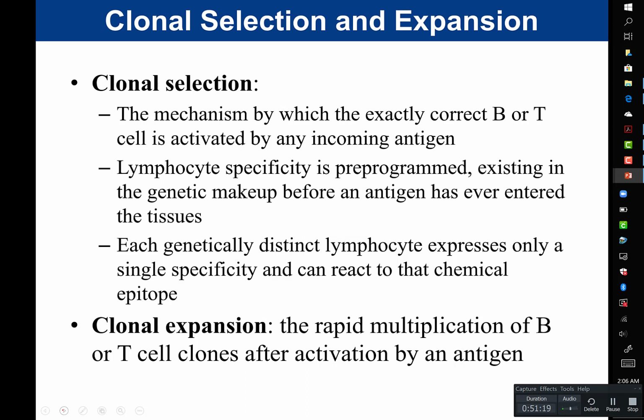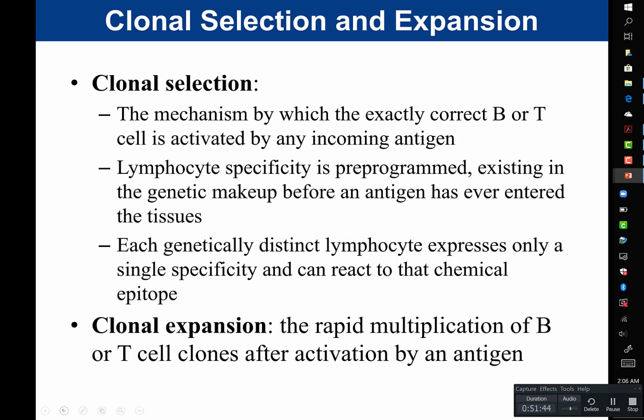If it mutates and changes its surface molecule, yes, you may have had the flu last year, but the new flu the next year is not the same. It does not have the same antigens, and therefore your memory component is not going to work because your immune system doesn't recognize those new antigens. It's going to have to respond again.